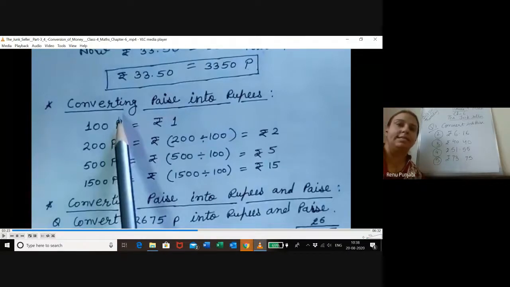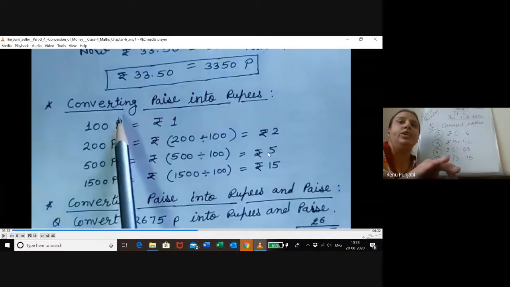Now 200 paisa will be 200 divided by 100, which is 2. If you want to do it quickly, you just remove the 2 zeros from the back of the number. If it is 2400 paisa, remove 2 zeros, so it will be 24 rupees. This way you can do it directly, or you can divide by 100 and get the answer.